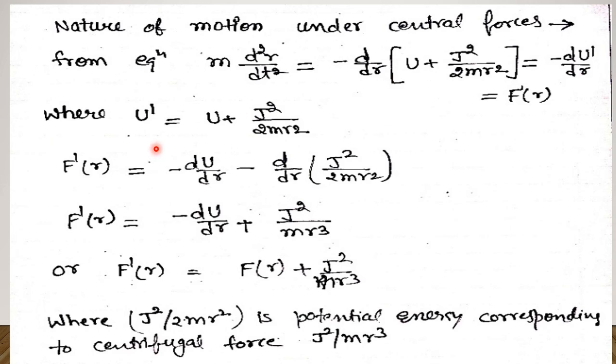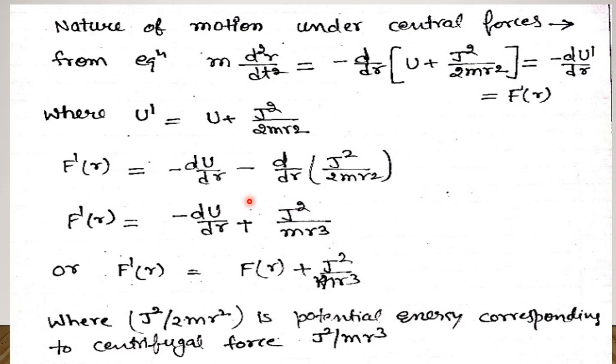So the above equation becomes f'(r) = −dU/dr − d/dr (J²/2mr²). Now when we differentiate 1/r² with respect to r, we get −2/r³.